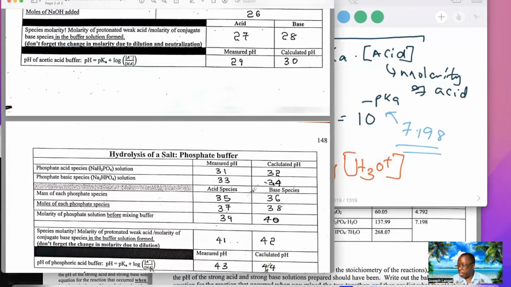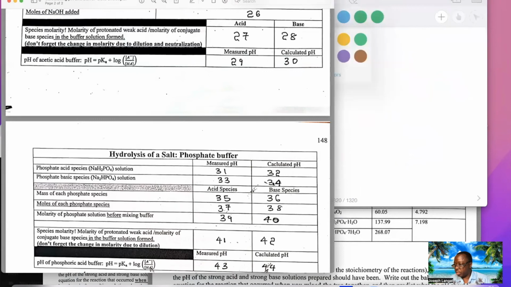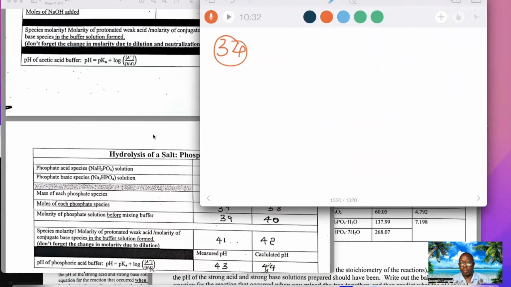Now for number 34, it's getting more challenging for some of you. Number 34: the pH of the conjugate base.